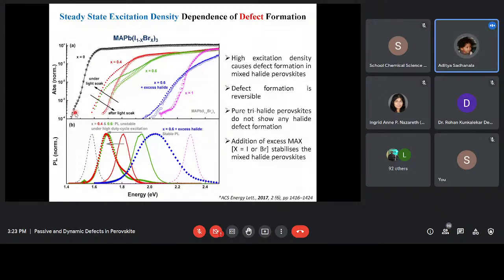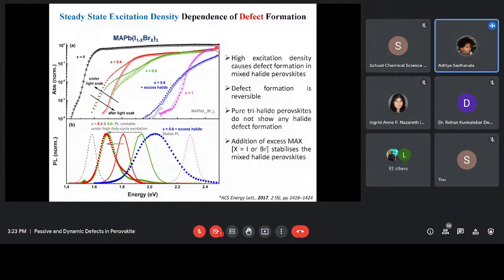When you remove the solar illumination, you see that there is no change in the absorption. It's the solid line. Okay. So for pure iodine-based perovskite, your absorption doesn't change. And the same is the case with pure bromine-based perovskite, which is the pink sample here.